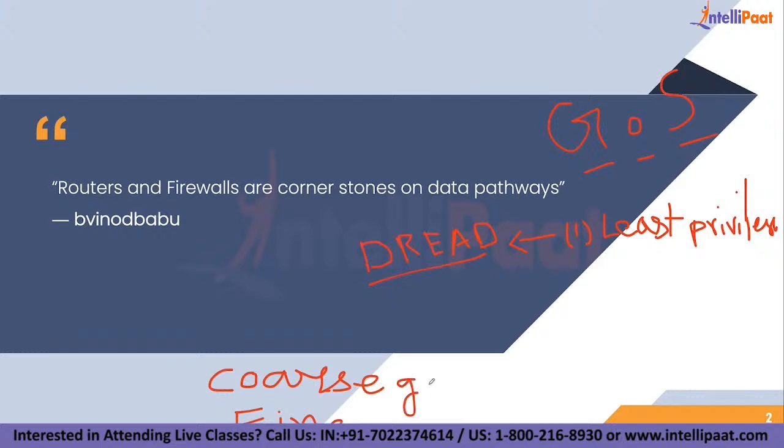Coarse grain is, for example, all of you who are attending this program right now: make you into sets or groups and start assigning the privileges. This particular group A, 1 to 10 people in this session, or 1 to 5 people, or 7 people, is one group.